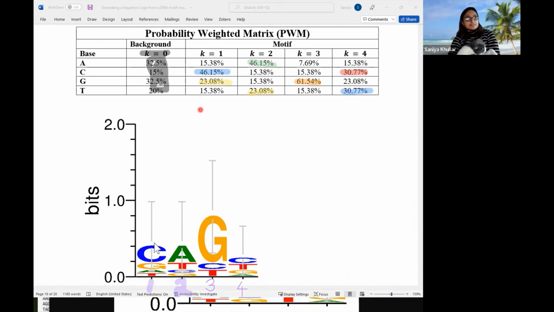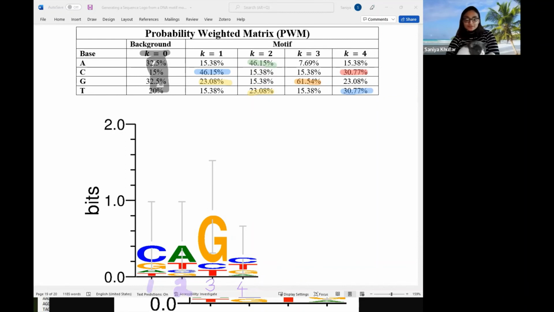And the next base is a G, which is second highest, and then this one is a T. So it's roughly similar, just a shuffling of which bases. So 46.15, 46.15, 23.08, 23.08, 15.38, 15.38. It's the same exact height. It's just that the bases differ based on what we are selecting. But this is essentially a sequence logo.